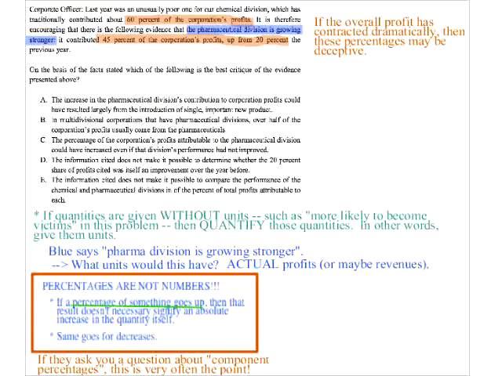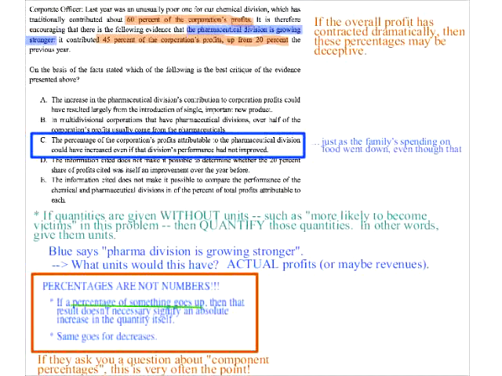So in particular, the percentage may have gone up even if that division has not improved in the same way, just as the family's spending on food went down, even though that spending went up as a percent of income.